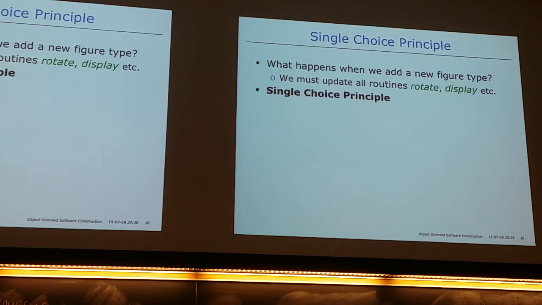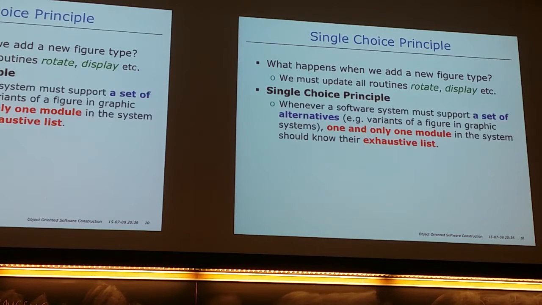So that single choice principle is exactly the criterion to help us get rid of that kind of bad design. Whenever a software system must support a set of alternatives, in this case, let's say we're trying to support different kinds of figures. Let's say it can be square, it can be pentagon, it can be polygon, it can be rectangle, whatever. Here, one and only one module in the system should know their exhaustive list.